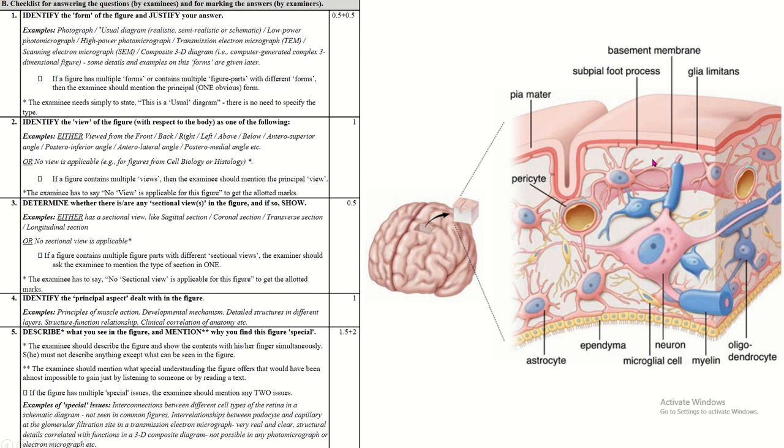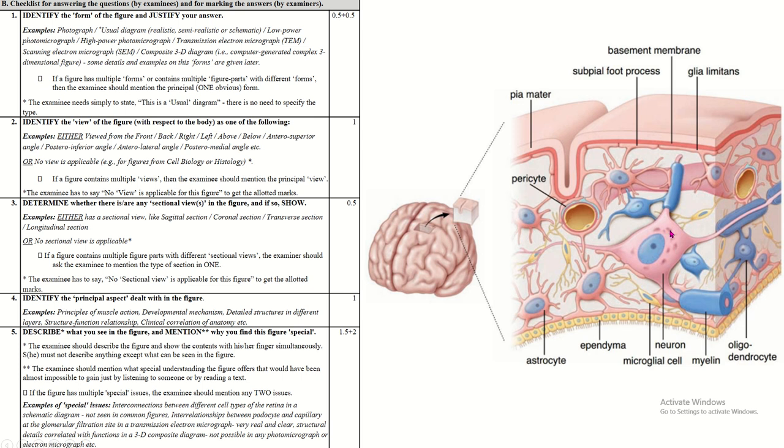So, in summary, you have to identify the form of the figure. This is a usual figure because it is drawn by hand or by computer software. This is the justification of your answer. In this figure, a view is applicable, the anterolateral view, and in this figure, a view is not applicable.